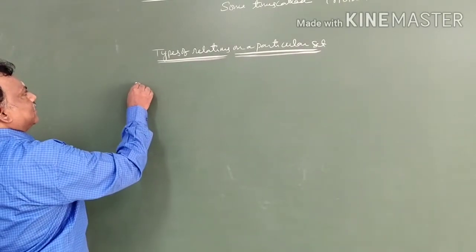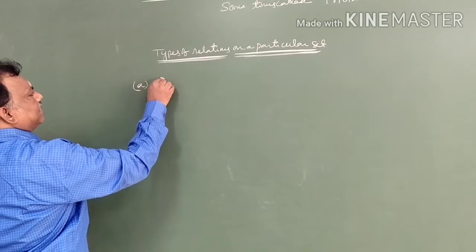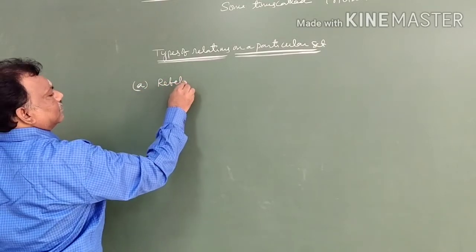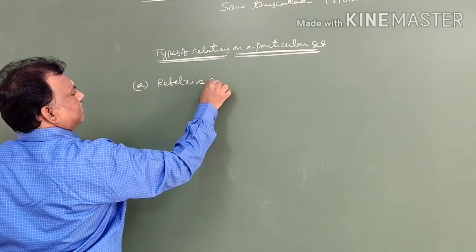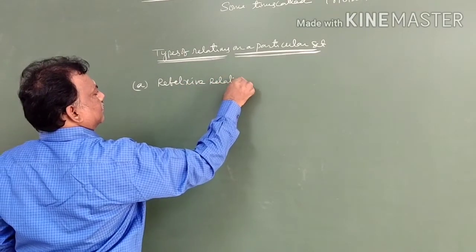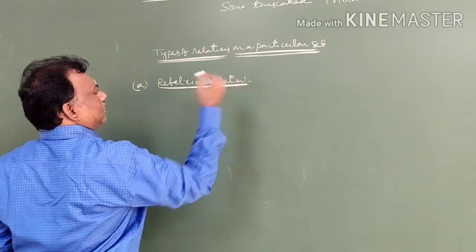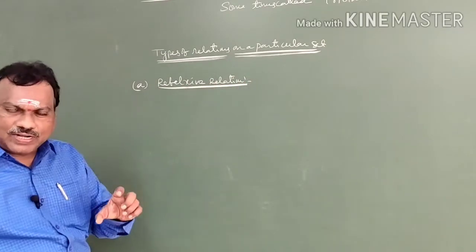Right. Types of relation on a particular set. The first one is reflexive relation. What is a reflexive relation?